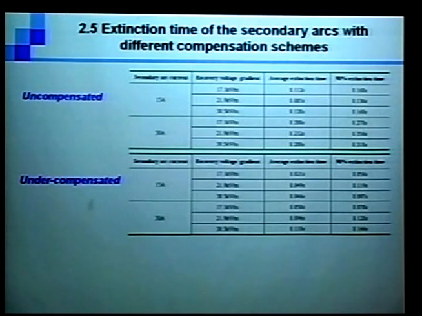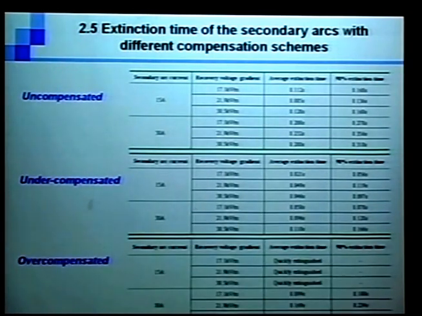Okay, we have also done some experimental research with series compensation, maybe you call it an adjusting network. The network is set in three cases. One is uncompensated, one is undercompensated, and the third one is overcompensated.